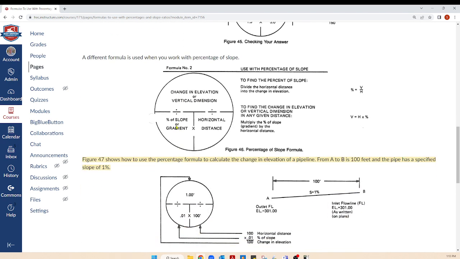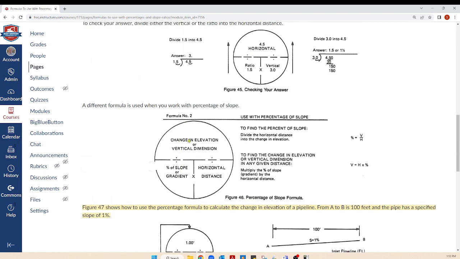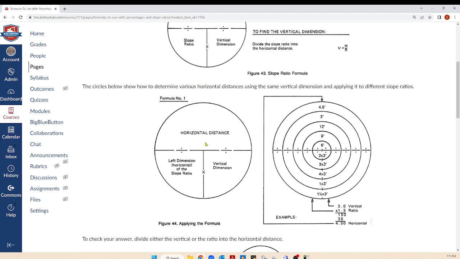The percent or gradient, like percent grade, is in the bottom where the slope usually is. The vertical distance is down here in this quadrant when you're calculating ratio, but the horizontal distance is here when you're calculating ratio. So this actually is what's called the invert of this.